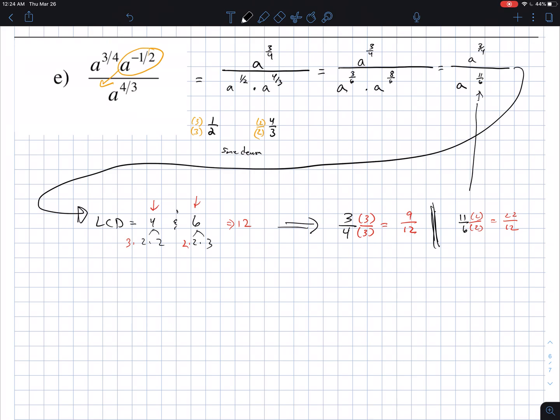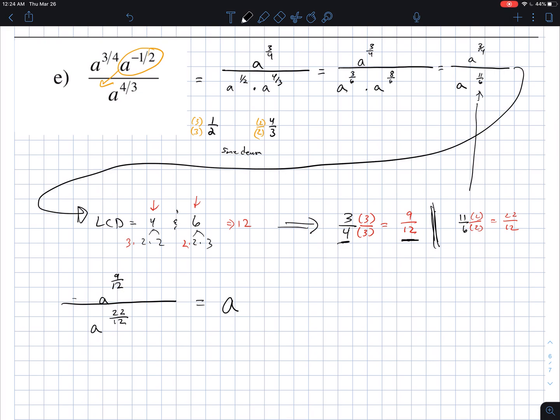So now what we have is a no longer to the 3/4. We have it to what? The 9/12. So 9/12 all divided by a to the what? 22 what? 12ths. So that tells us that we can use the quotient rule that we have for exponents.